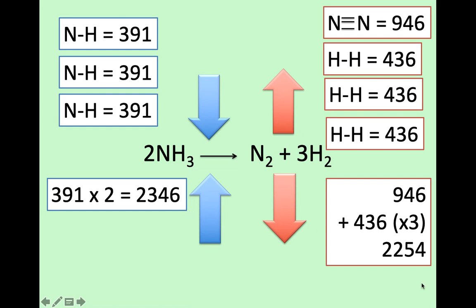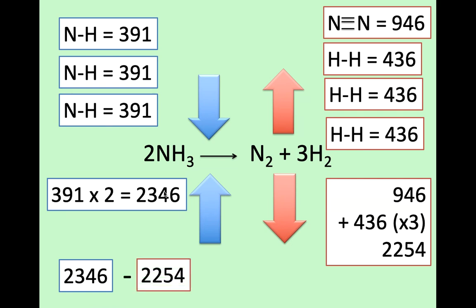So already you can see that we are giving out less energy than we are putting in, but we'll do the sum anyway. We put in 2,346. We give out 2,254. Therefore, we have a positive change.